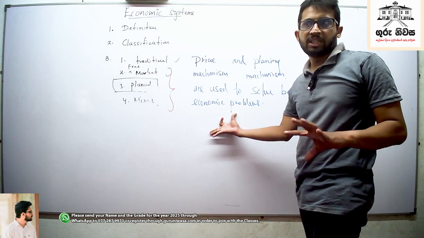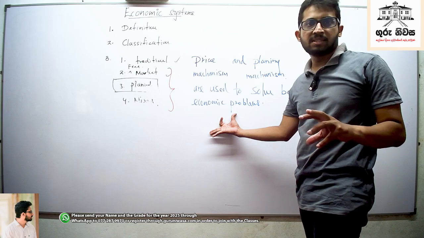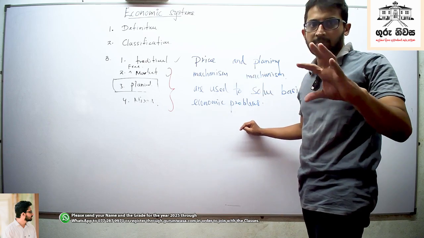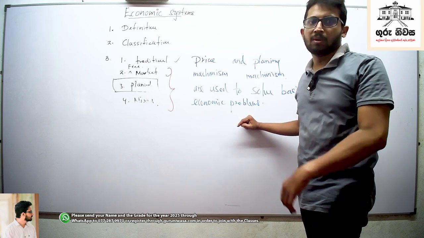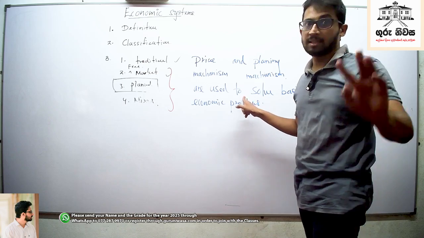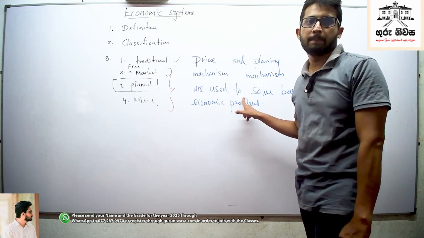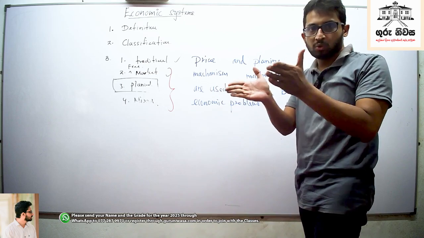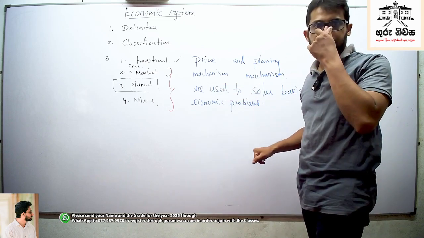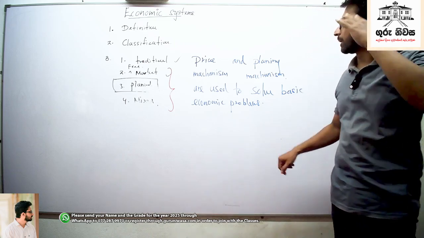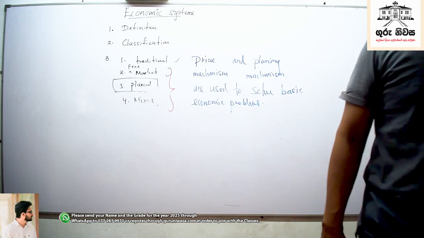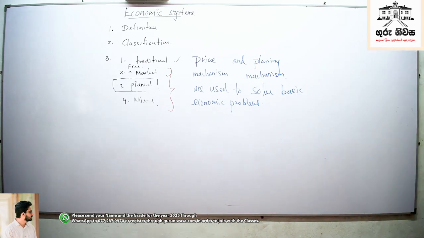Normally, we can recognize a mixed economic system based on price mechanism and planning mechanism. This is better than resource ownership. Yes, resources also belong to two parties, but this is better. Both are used to solve basic economic problems.